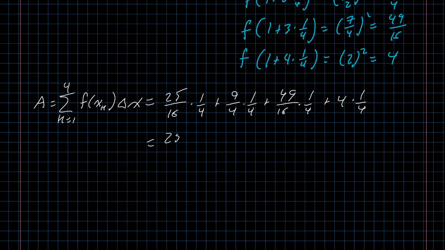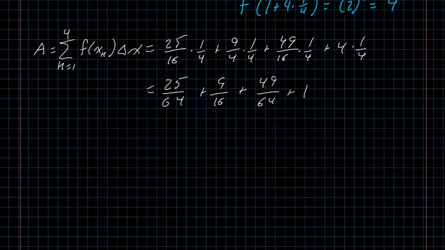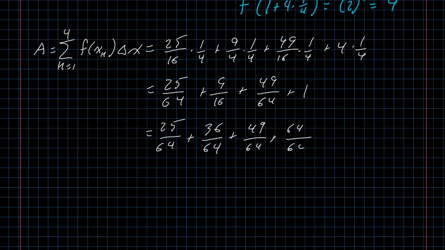All right, so that's 25 over 64 plus 9 over 16, 49 over 64, and 1. Find a common denominator of 64. So that'll be 36 over 64, multiplying top and bottom by 4. 25 and 36 is 61. 61 and 49 is 110, plus 64 is 174.